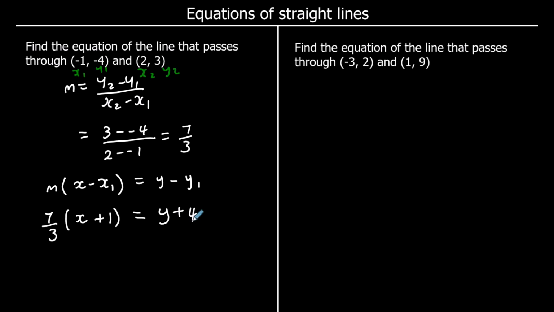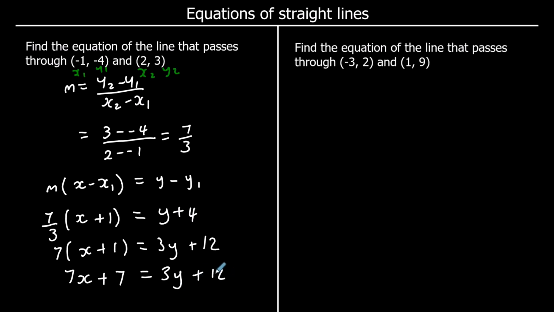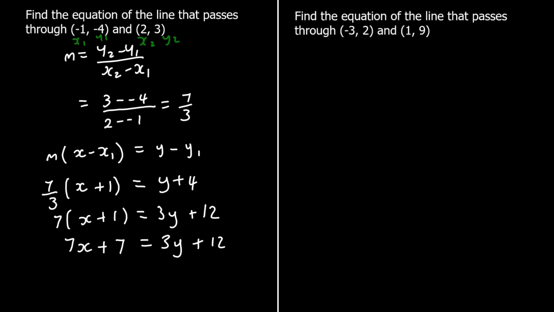We can write it in the form ax plus by plus c equals 0 by timesing by 3. Expanding the bracket. And moving everything over to the same side. So move it all to the left side.